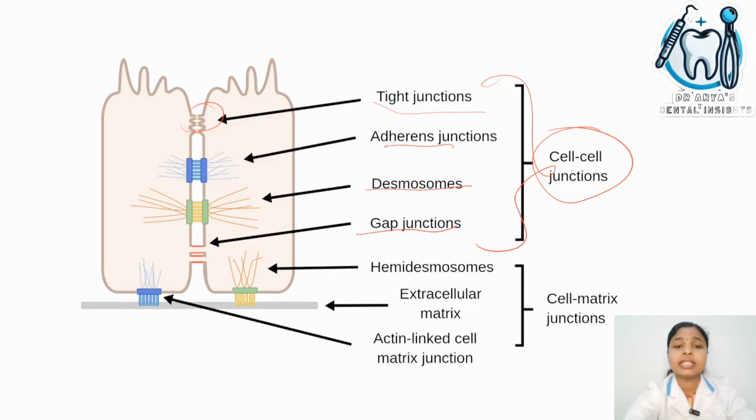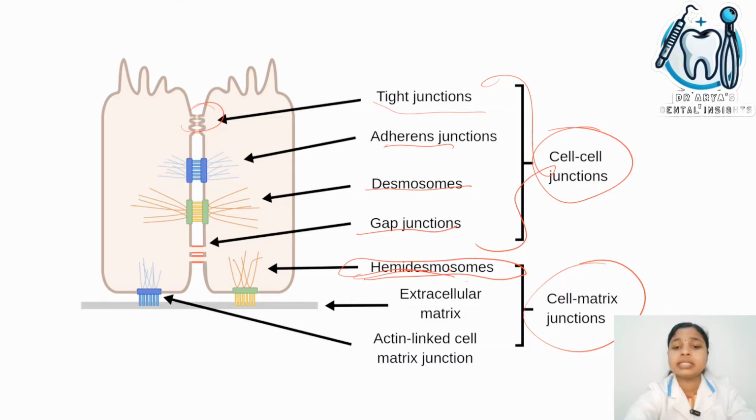Okay, and here hemidesmosome is a cell matrix junction, and also the actin-linked cell matrix junction, and extracellular matrix. So this is the extracellular matrix and these are the two cells. So cell to cell junctions are tight junction, adherence junction, desmosomes and gap junction.